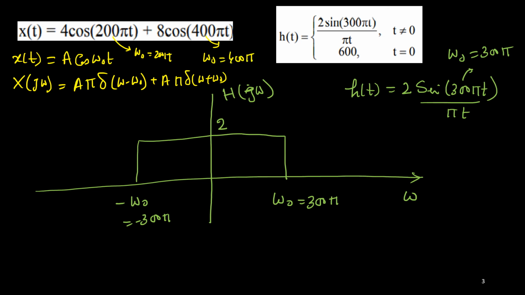So two signals are there, and as it is a linear system, we can use linearity and superposition. Okay, so we will consider both the signals in the spectrum. So we can draw that here. First 4 cos 200 pi t. So omega naught is 200 pi, that will be within this 300 pi. So probably it will be here.